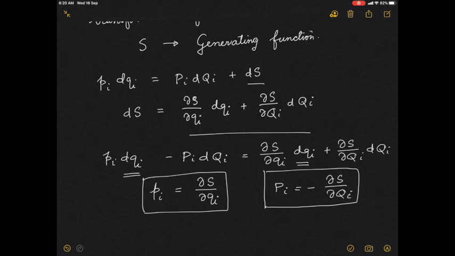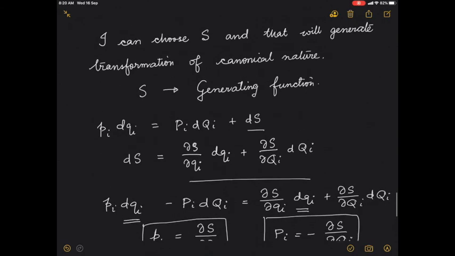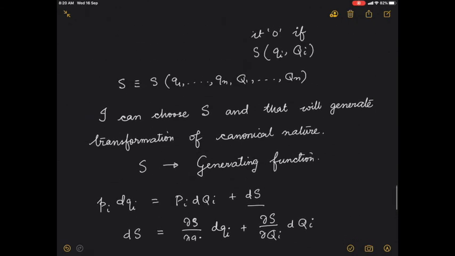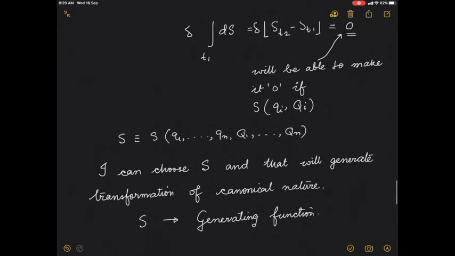So let us go back a little bit and try to understand that, and that will give us quite some insight on why we are doing and how we were doing the canonical transformation. So here we said that S is the generating function which depends on all Q's, which means that I can choose my S to generate a certain type of transformation, right?